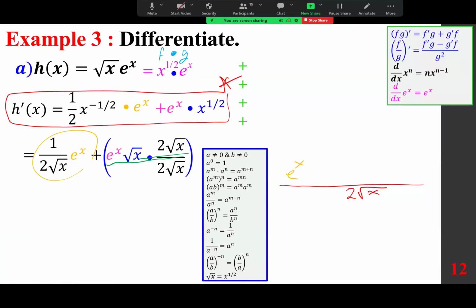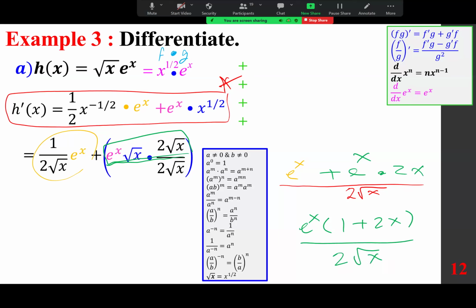If you expand this, the product of these two, you get e to the power of x times, you have square root of x, 2, and square root of x. I hope you recognize it as 2x. And if I factor the e to the power of x out, I get 1 plus 2x over 2 square root of x as the final answer. This is one way to write it.